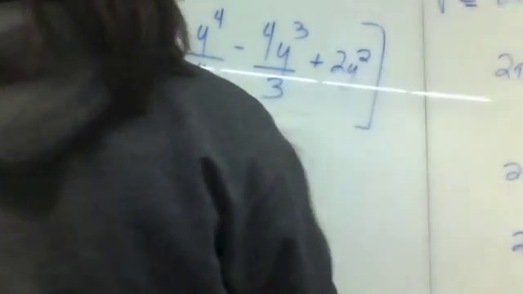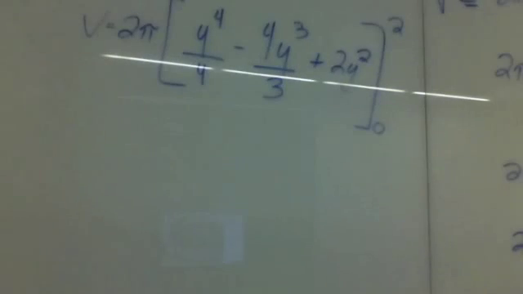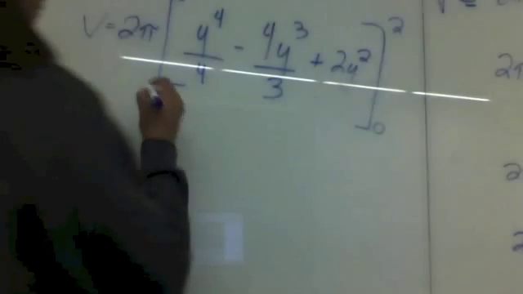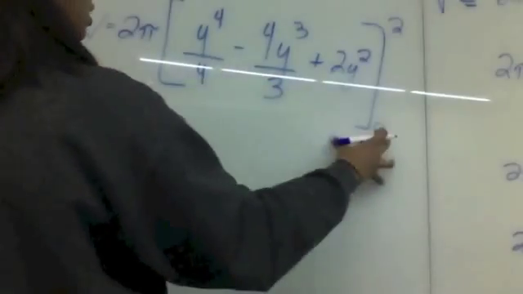And this is all evaluated between 0 and 2. Okay. And from here, it's just simply expanding everything. And we put in our upper limit first and then our lower in order to solve our integral.